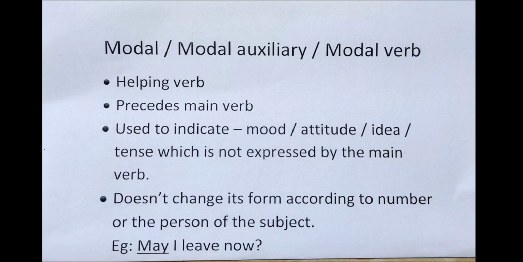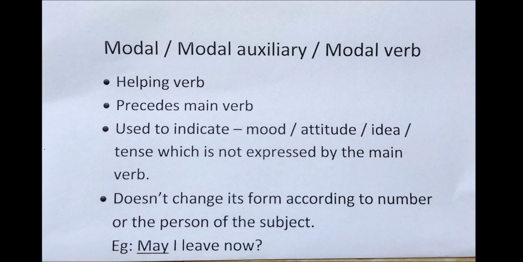Now let us try to understand modal auxiliary better by taking one example. May I leave now? Now here in this sentence, leave is the main verb. May is the modal auxiliary. It is coming before the main verb, or it is preceding the main verb.